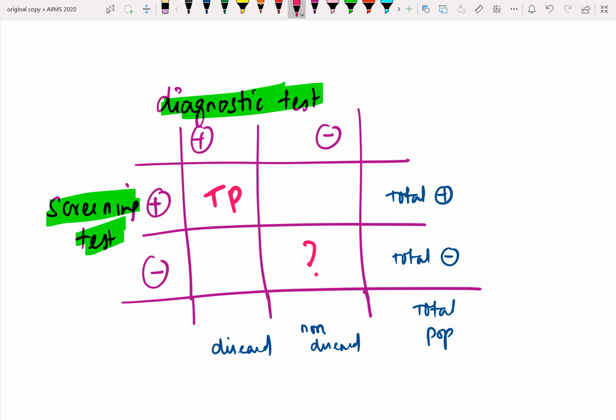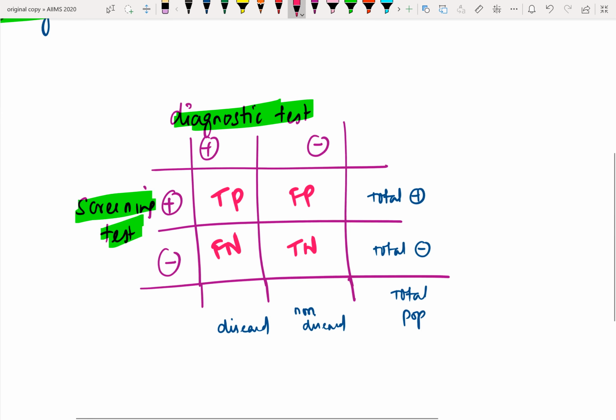Their screening test is negative and their diagnostic test is also negative. So these are true negatives. What about this one? Yes, these are false positives. And these are false negatives.